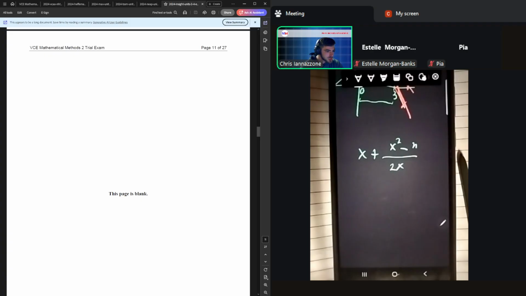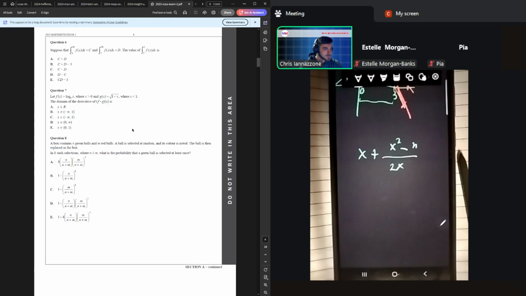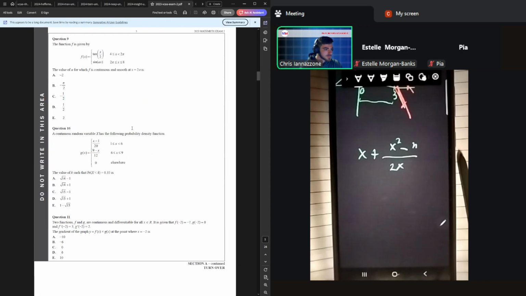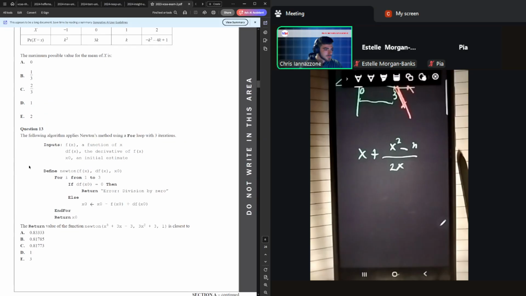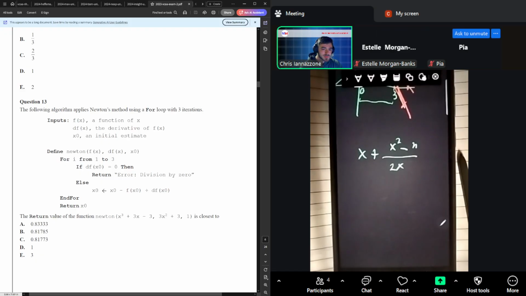All right, let's pull up 2023, see if there's anything in there. Newton's method, for loop, 3 iterations. There doesn't look to be too much different here. Anyone want to take a stab?